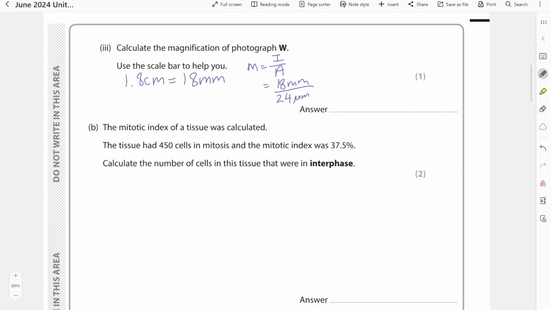What we can do is times 18 by 1,000. Let me just write this up here. So we get 18,000 micrometers, because if you recall, 1 millimeter equals 1,000 micrometers. And then divide that by 24. And the answer is 750.